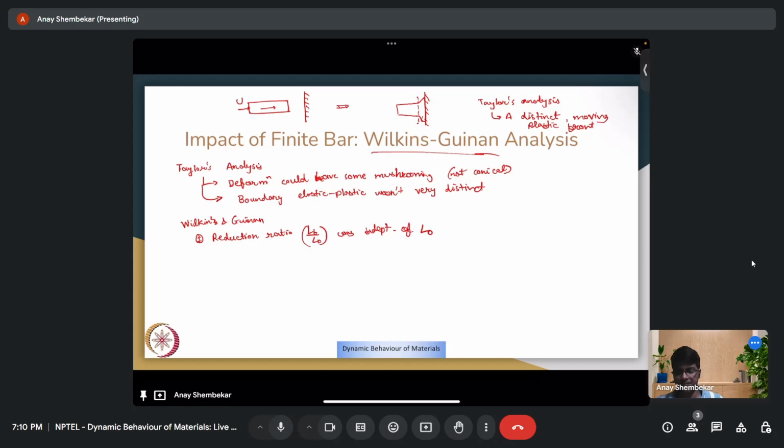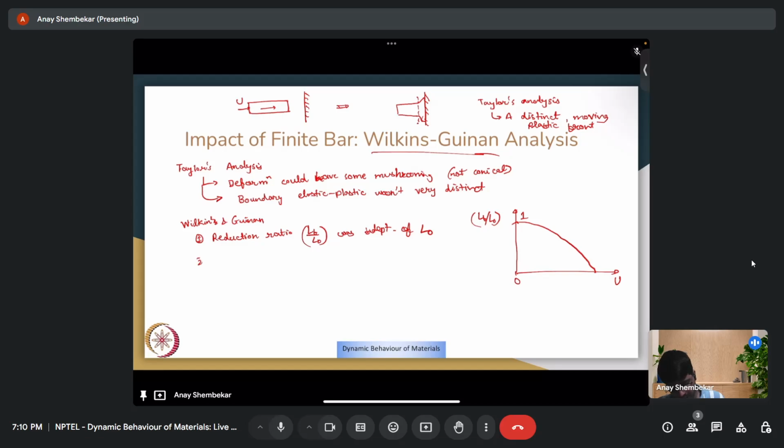So if I have to plot LF by L naught versus this impact velocity, then they observed something like this. This is zero impact. At zero velocity, it is the same. There is no reduction in length.